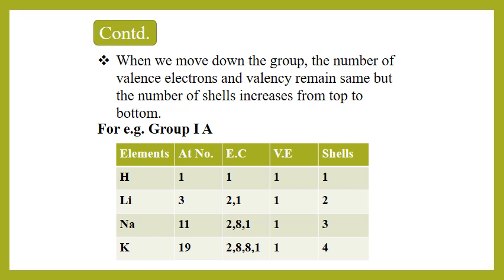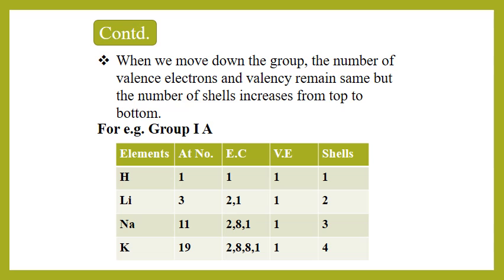When we move down the group, the number of valence electrons and valency remain the same, but the number of shells increases from top to bottom. We have group 1A, the alkali metal group, with the elements hydrogen, lithium, sodium and potassium.